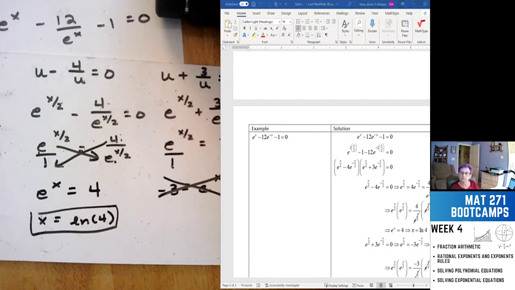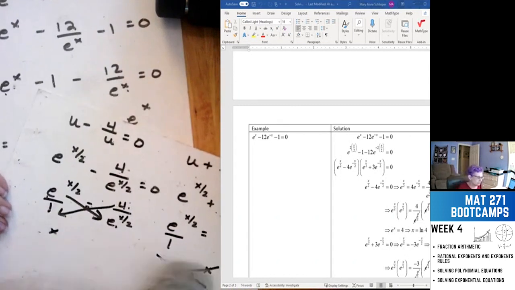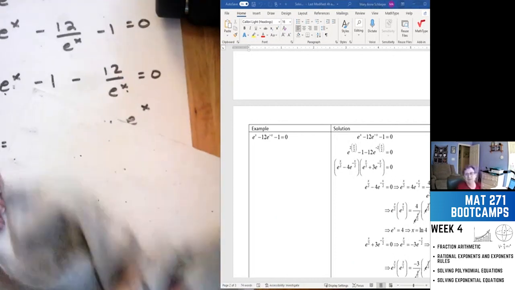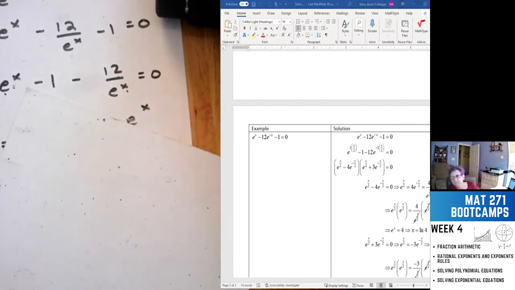Is there anywhere to put requests for different topics? In my brain, just ask me. What would you like? Is it possible to do one on using the calculator properly? I feel like that's something that I've just been thrown into and don't really know how to properly use the calculator.